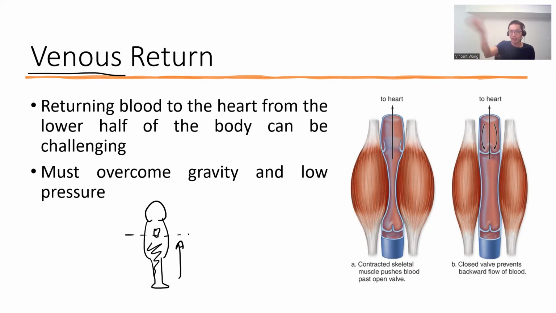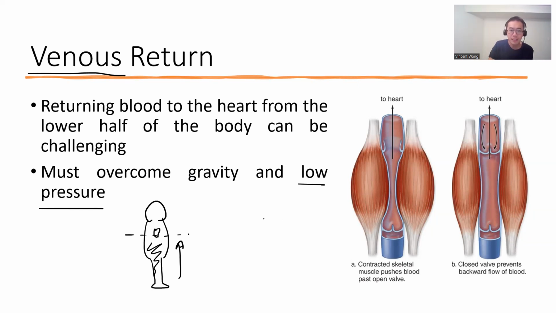Right? So that's a challenge. And challenge number 2 is low pressure. Remember, by the time the blood passes through the capillaries, the pressure has dropped quite a bit. Right? It's half of what it used to be. And whenever we are in a low pressure system, fluid doesn't travel very fast.